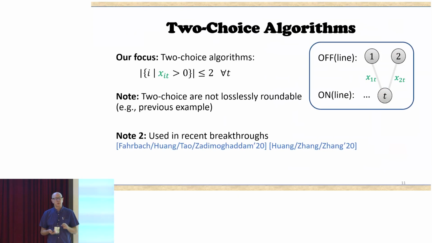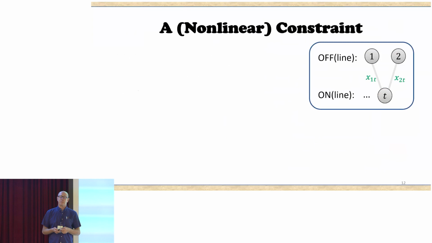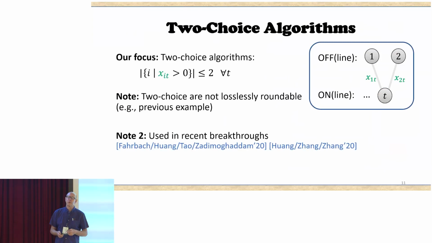By the way, two-choice algorithms have been previously used in the breakthroughs for weighted matching and for AdWords. In both cases, the deterministic factor of 1/2, which took many years to break, was broken using these two-choice algorithms.